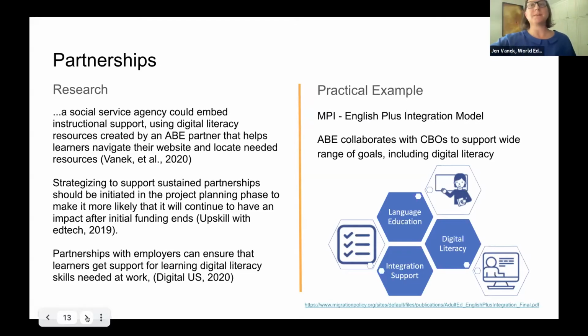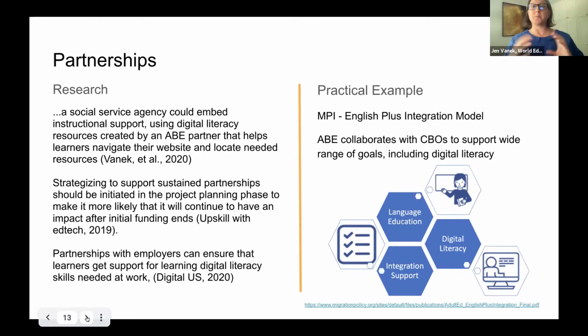This program was started before the pandemic, and one promising implementation model of this is the Lifting Immigrant Family Trajectories initiative. It's in Denver, I believe, and centers around a series of workshops on integration topics that are interwoven with digital literacy supports and English language lessons.